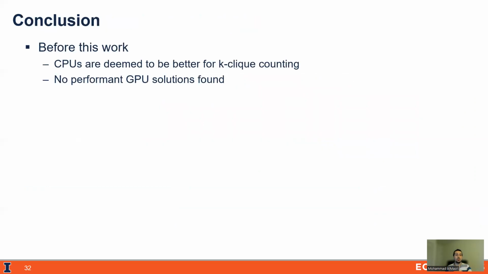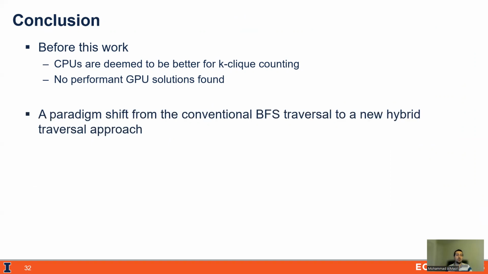So in conclusion, before this work, CPUs were deemed to be better for K-Clique counting, and there was no performant GPU solution found. We propose a paradigm shift from the conventional breadth-first traversal to a new hybrid tree traversal, where the GPUs are really treated as a processor and not a co-processor to do some primitives as for BFS solutions.